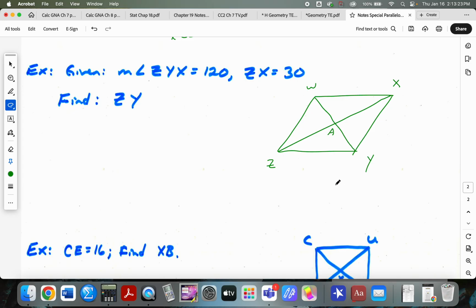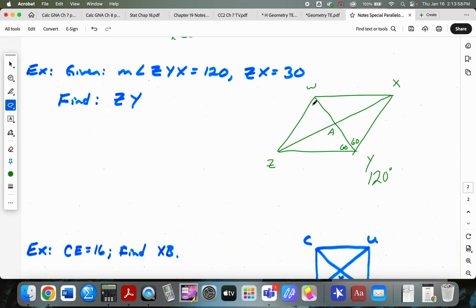So it tells us the measure of angle ZYX is 120. So that's this whole angle is 120. We know a whole bunch of angles now. If that's 120, what's something else that we know? So this has got to be 60 and 60.